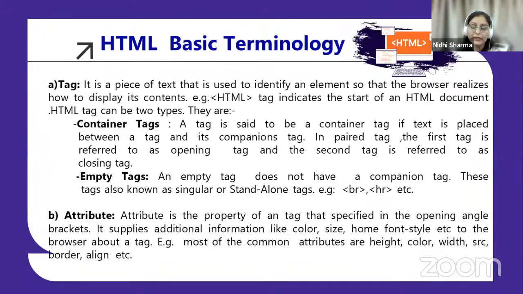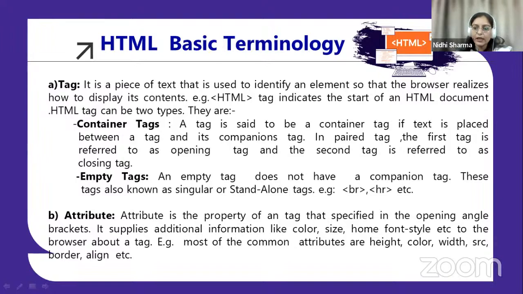Now, what exactly is the meaning of tag? It is a piece of text that is used to identify an element so that the browser realizes how to display its contents. That means the entire formatting of the content which is going to be displayed on the browser depends on the usage of the tags. So there can be two types of tags.